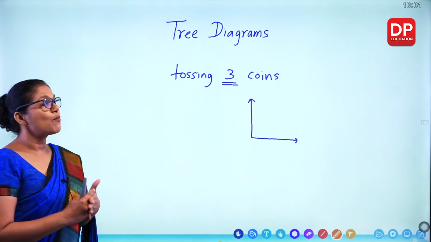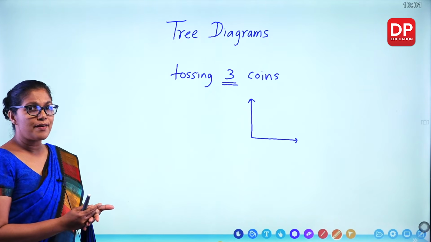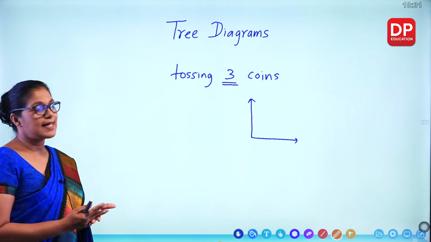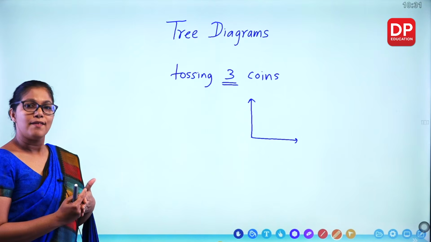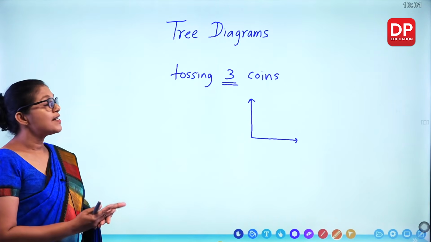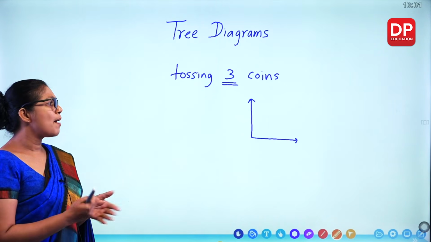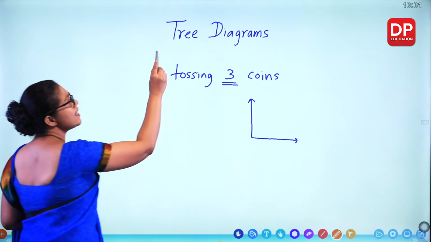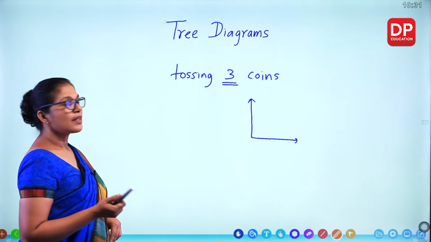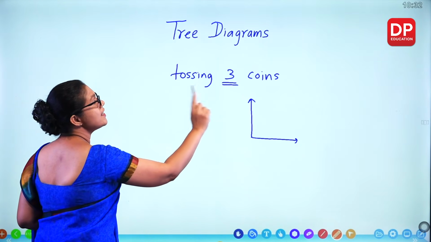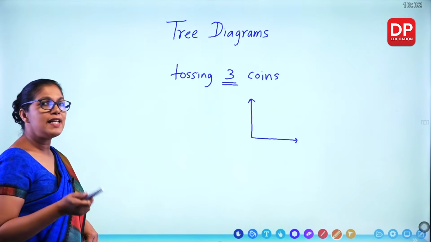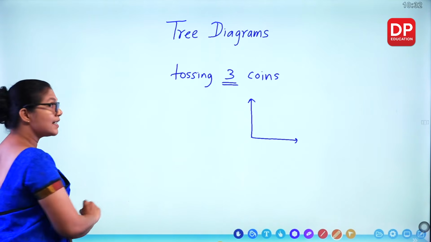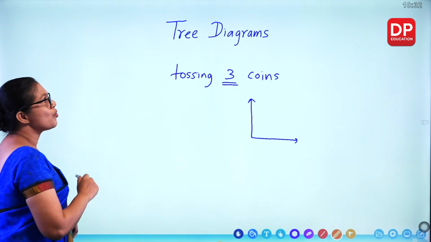But the main reason we draw a tree diagram is that when you get more than 2 events, we need another axis in sample space, so that's not obvious. That's why we are drawing tree diagrams. When you get more than 2 events, definitely you have to draw a tree diagram. Now we'll take an example to show a tree diagram.